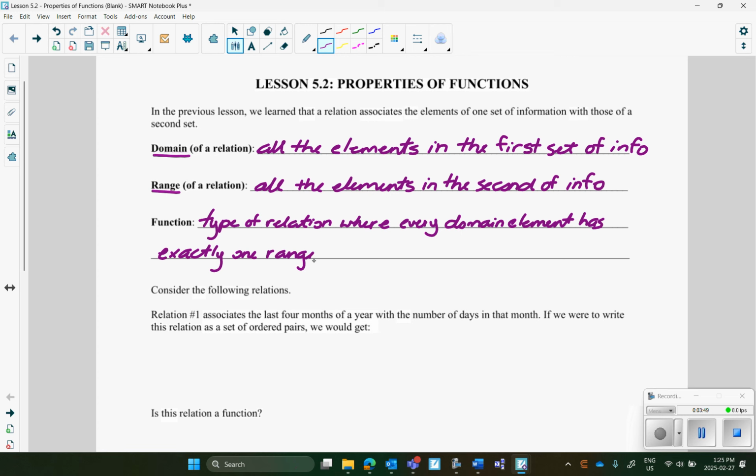Now that's a bit of a mouthful. So what I often like to do is just say it like this, and students often find it much easier to remember like this. Domain elements never repeat.